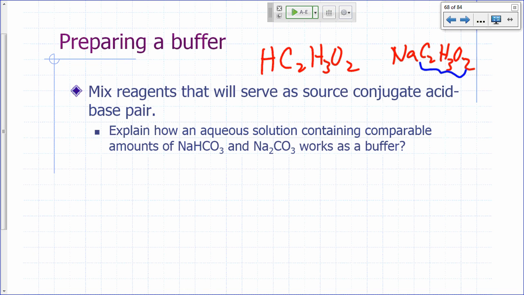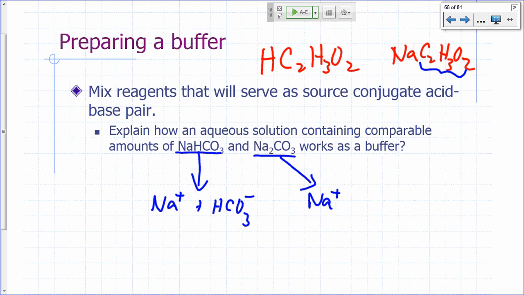Okay, so how do you explain why a solution that's got comparable amounts of sodium carbonate and sodium bicarbonate works as a buffer? What acid does this give you? This breaks up in water to give you sodium ions and bicarbonate ions, right? What does this give you in water?